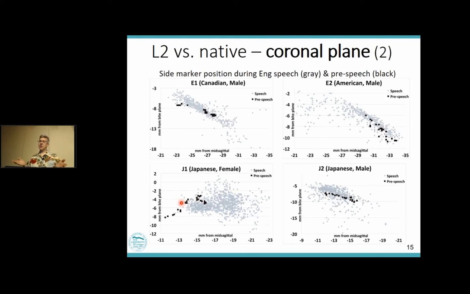So in other words, her tongue was very much narrowed from the rest of her speech here. For the Japanese male who was very close to being native, not much of a perceptible accent at all, his pre-speech posture was actually reflected in what his speech position was for the side marker. So that was an interesting finding in the coronal plane.